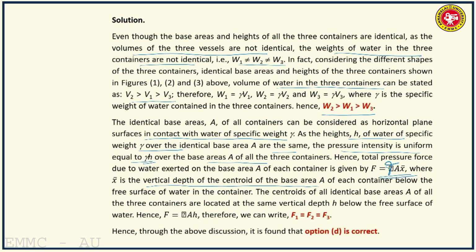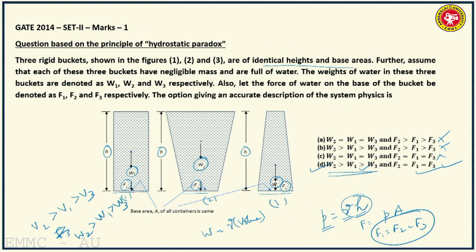Therefore, as the centroids of all identical base areas of all the three containers are located at the same vertical depth h below the free surface of water, we can write F1 is equal to F2 is equal to F3. Therefore, option D is correct. This is the correct option.